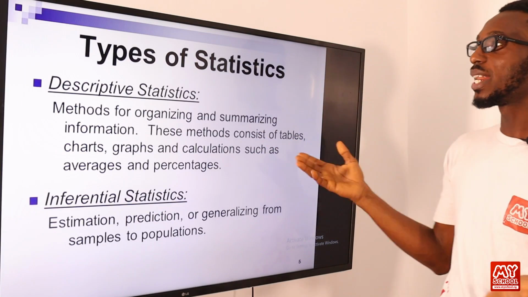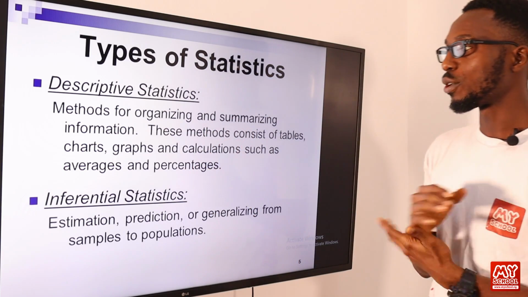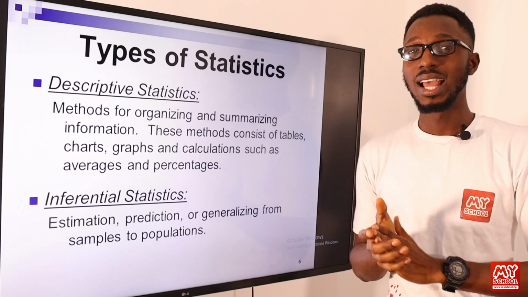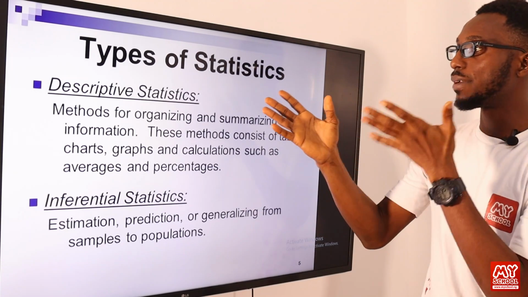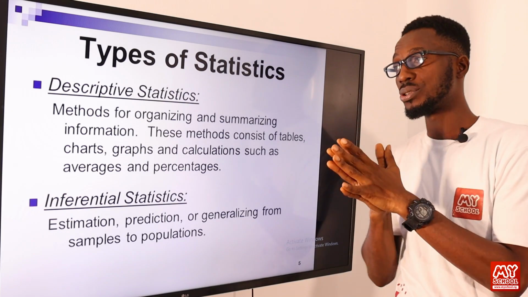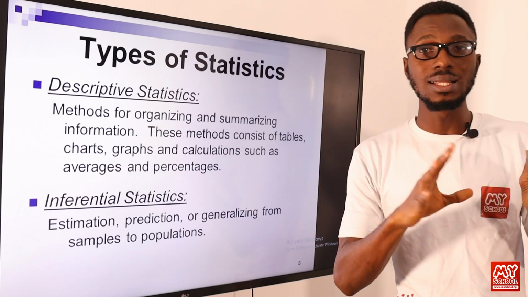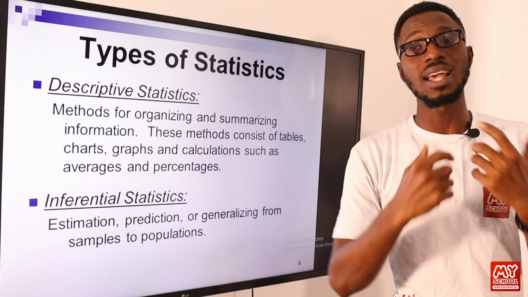Looking at the types of statistics, the descriptive and inferential, this is just for emphasis for us to get relatable with these terms. Descriptive statistics are methods for organizing and summarizing information. At first we mentioned statistics is about collecting data, organizing it, presenting it, analyzing it, then interpreting it.